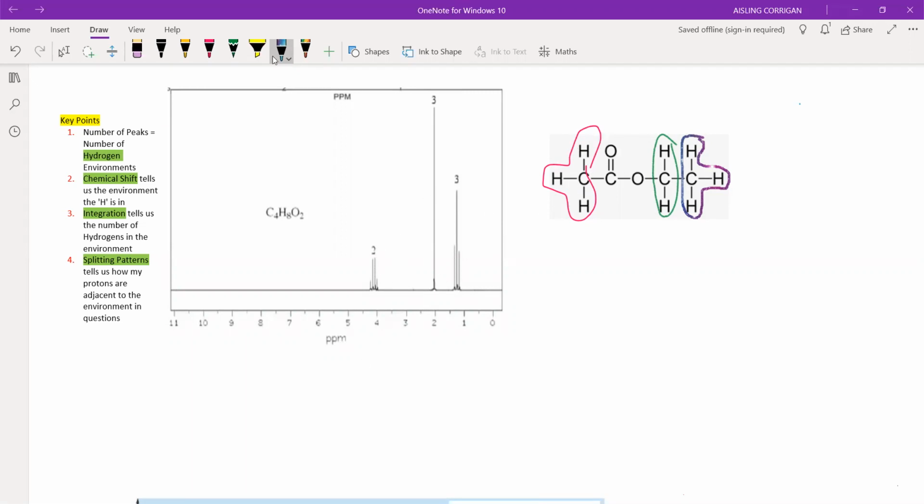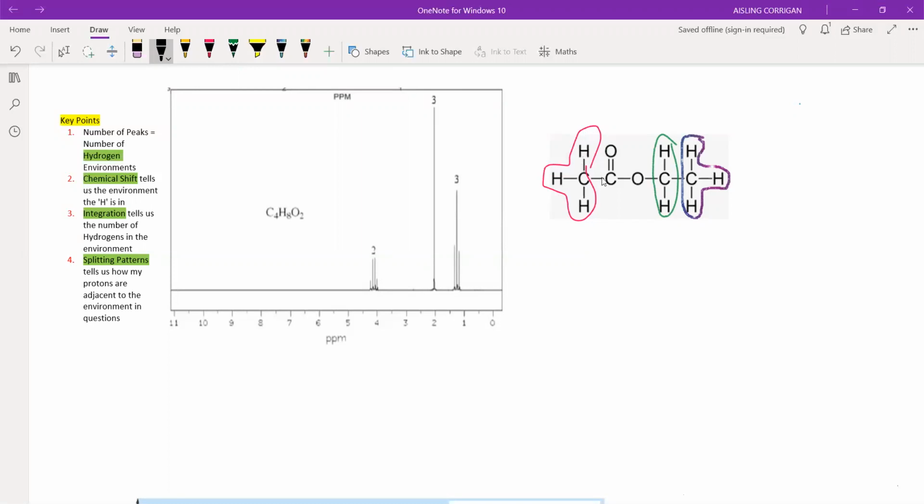So let's have a look at this CH3, the pink one. Again, the splitting patterns will help us figure out which environment belongs to which peak. We need to figure out how many protons are adjacent to this environment.